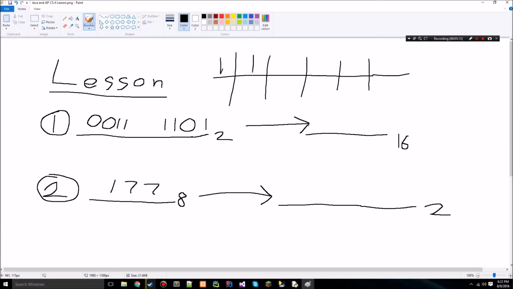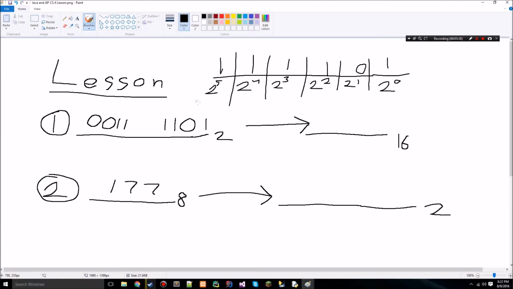So 1, 1, 1, 1, 0, 1. And then we have 2 to the 0, 2 to the first, 2 squared, 2 cubed, 2 to the fourth, and 2 to the fifth.